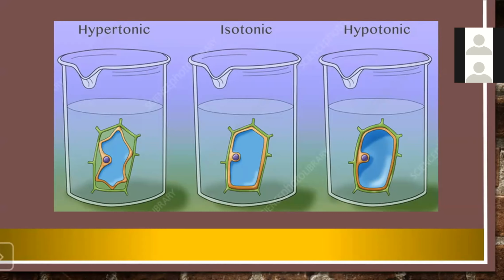And then for the case of hypotonic, it means there are more water molecules moving from the surrounding solution into the plant cell. So that's why we talk about net movement. So net movement means movement above, more. I hope we are able to get that.